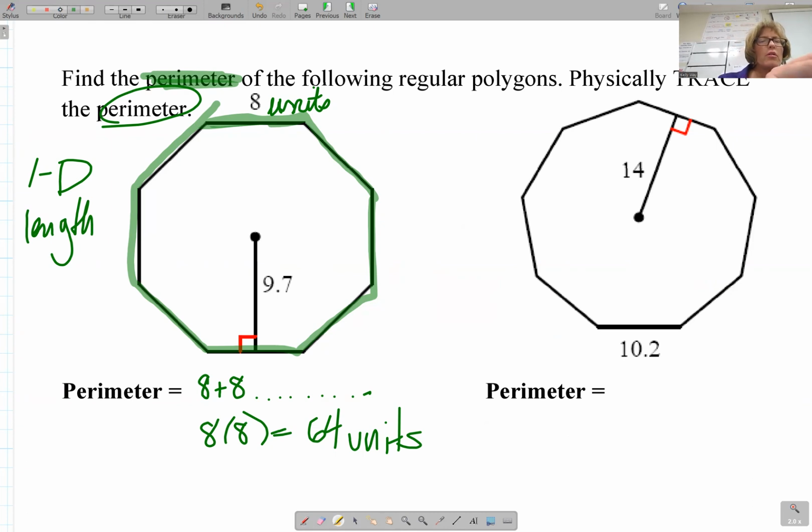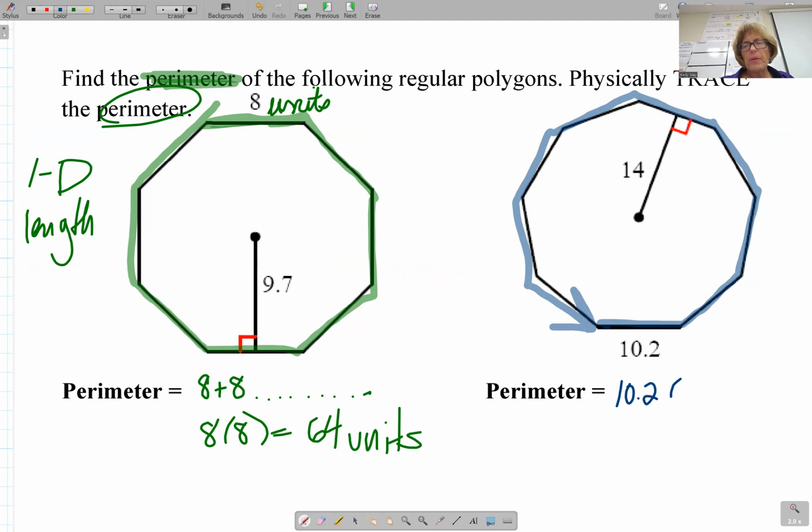Perimeter here, trace around. I like to put the little tail on there. So that's 10.2 times 9. Oh, don't be reaching for that calculator, friends. Come on, you can do this longhand. 10.2 times 9. It's 18. Carry the 1, that's 0.